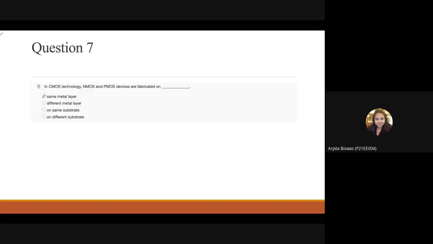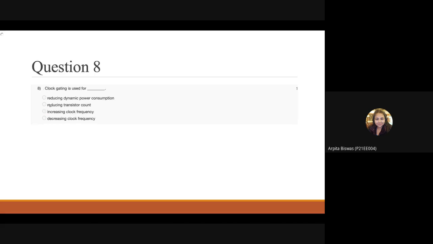In CMOS technology, NMOS and PMOS devices are fabricated on the same metal layer, a different metal layer, on the same substrate, or on a different substrate. Same substrate, ma'am. Yes. So option C is the right option.